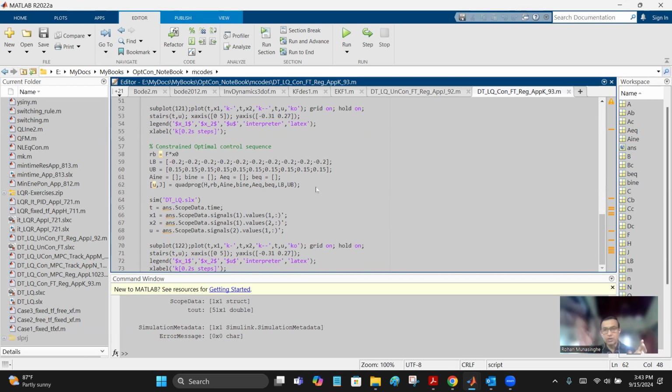Inequality means this has to be less than or greater than zero, right? So anything above or below that point is accepted. But when you have equal to zero, it has to be strictly adhered to, right? You can't have any deviation from that. So all of these constraints can be included in the code program. In fact, in the book, there's a separate section for all of these things: linear, inequality, equality, constraints, everything.